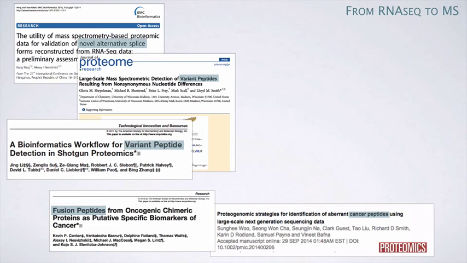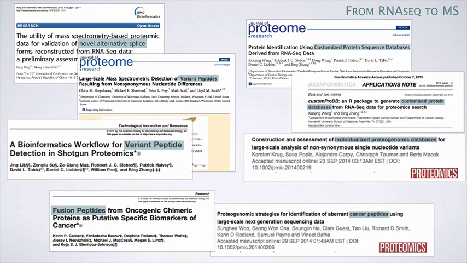Specific biomarkers for certain cancers can be found with that. Most of the time it boils down to creating a custom database built from the information you gather from sequencing. So you increase your Wally space, in a way.